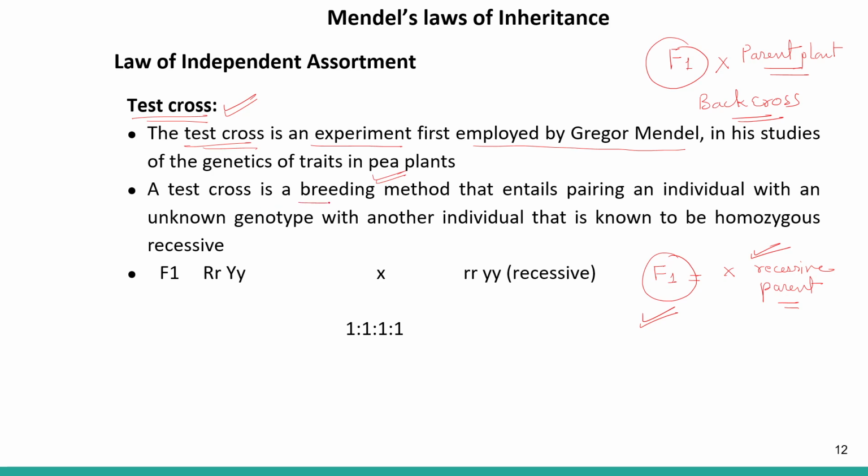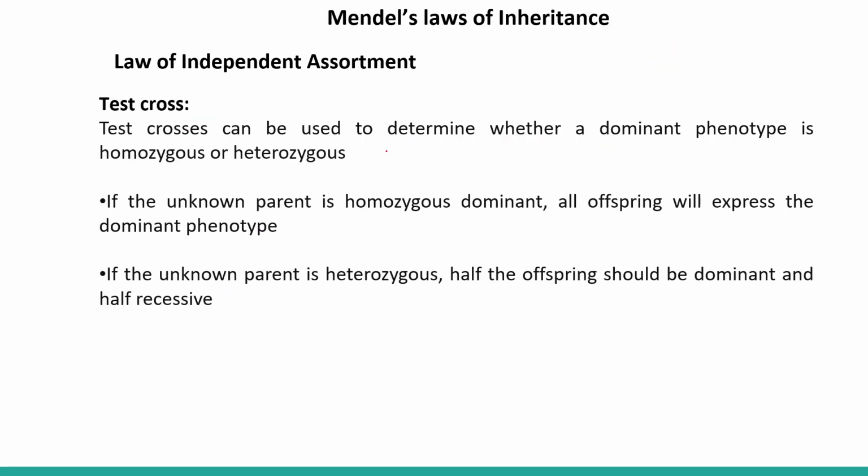So a test cross is a breeding method that entails pairing an individual with an unknown genotype with another individual that is known to be homozygous recessive. So here this homozygous recessive is the recessive parent, right? And this is the unknown genotype. So if you get this 1:1:1:1 ratio, then that will be the heterozygous.